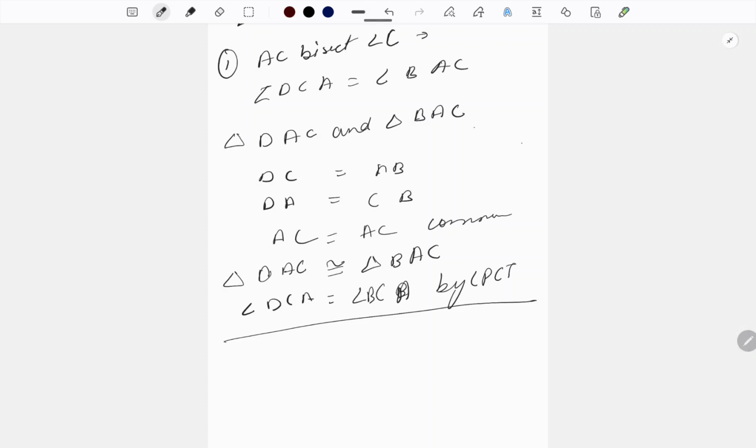First part is done. Second part, it is asking, is ABCD a rhombus? ABCD is a parallelogram, already it is given.